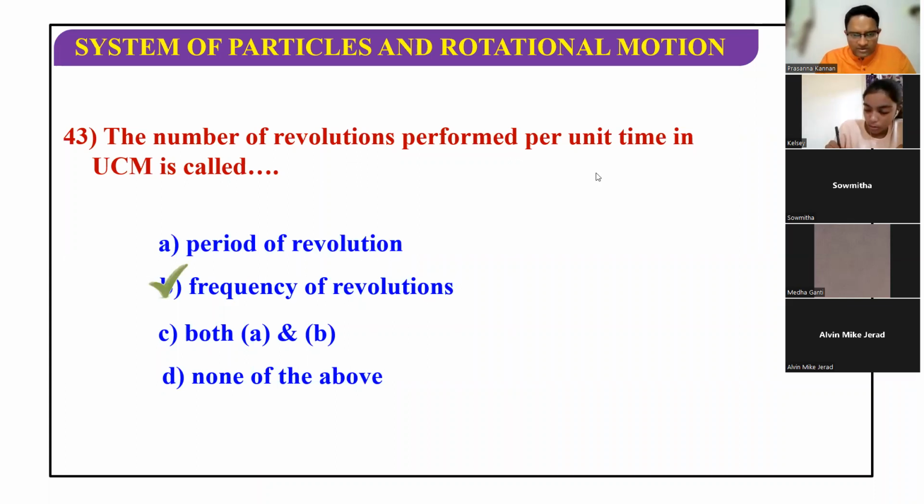The answer is frequency of revolutions. The time taken to complete one revolution is called time period. The number of revolutions in 1 second is called frequency.